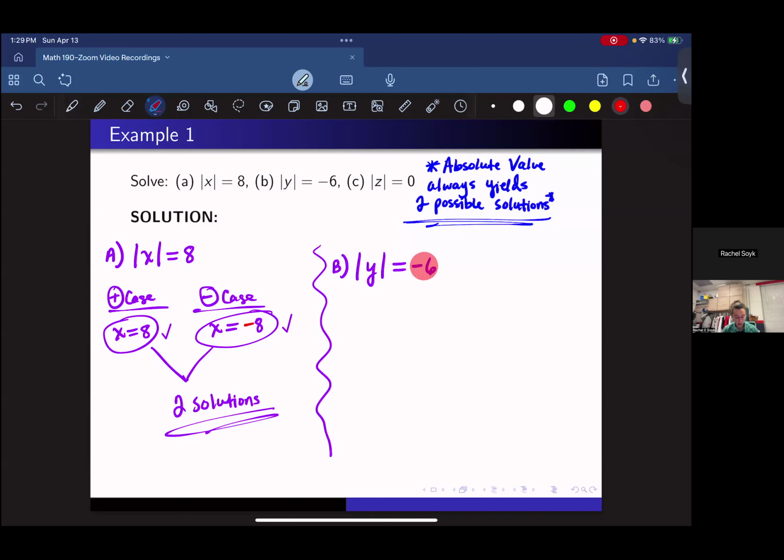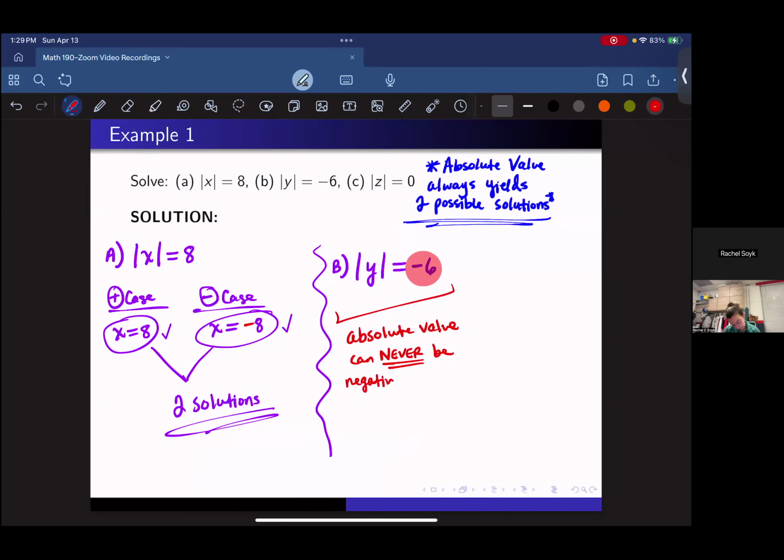And that should really throw out a red flag for you because absolute value can never be negative, which tells us that we have no solution. Done.